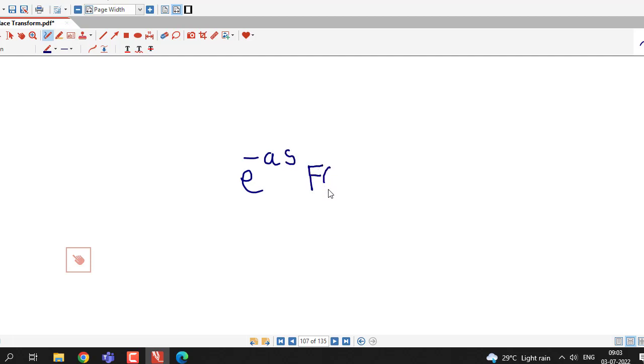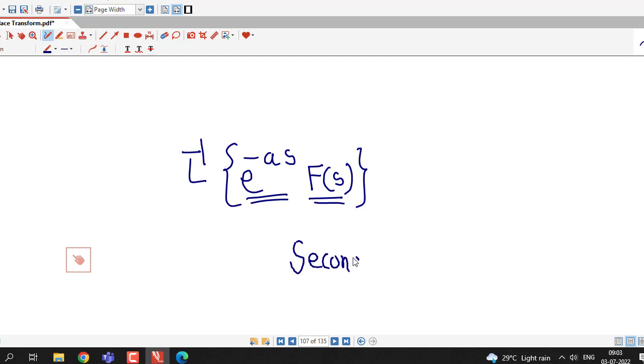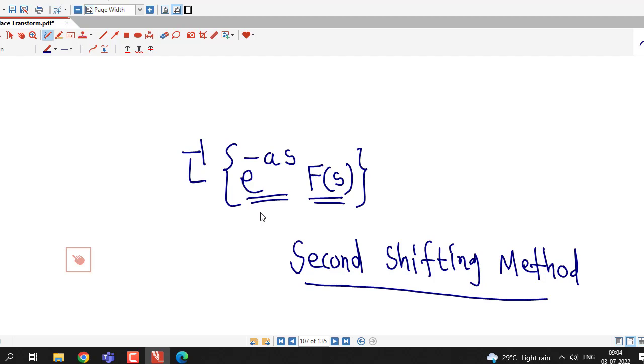Obtain the inverse Laplace transform of e raised to minus as times F of s. So if e raised to minus as is in the product, then to obtain the inverse Laplace transform you have to apply this second shifting theorem. There is no other method to obtain the inverse Laplace transform of this type of functions in your course.